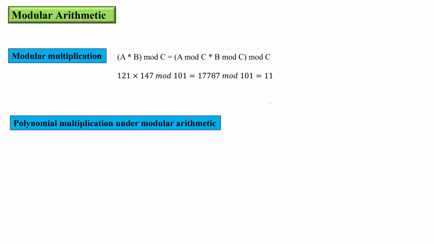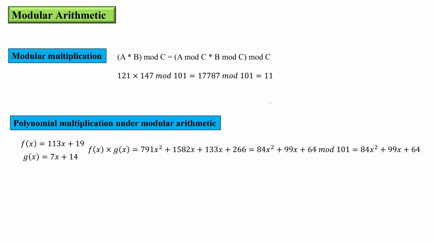Okay, so now we want to discuss polynomial multiplication under modular arithmetic. Suppose that we have two polynomials. Again, using our previous knowledge, we know that to compute the multiplication of these two polynomials, we need to multiply each of the elements of f of x by both elements of g of x.